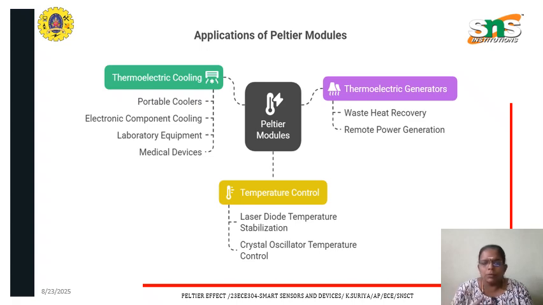In medical devices, cooling and heating can be used such as in blood analyzers and temperature controlled blankets. Next, it is used in thermoelectric generators. So primarily it's used for cooling.